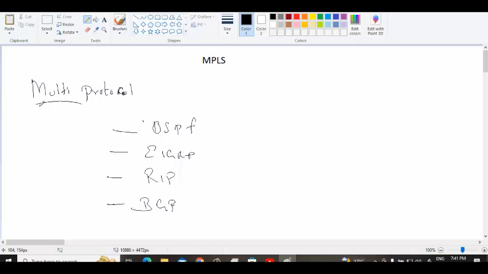So, in each packet, you have an IP address, to know the destination IP address. Now the router is going to read the complete layer 3 header of every single incoming packet. Do you understand this?